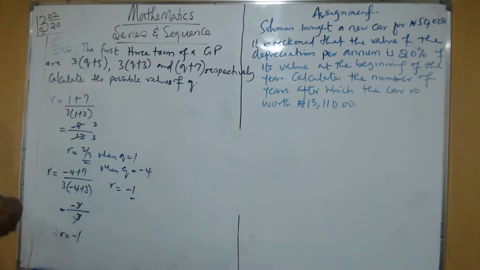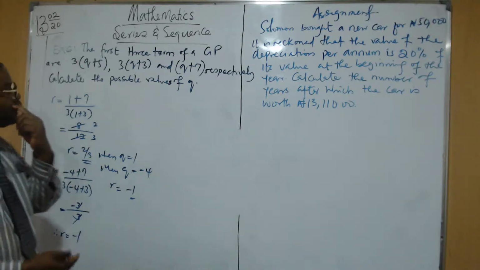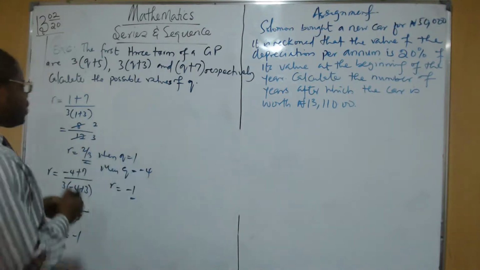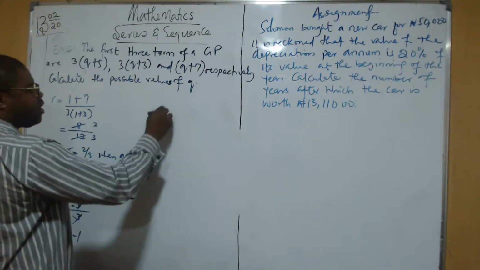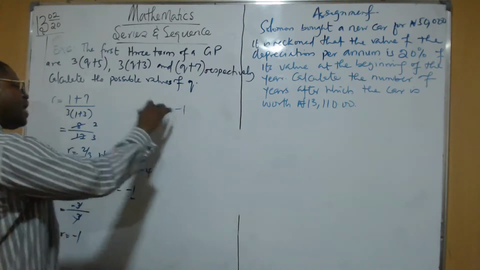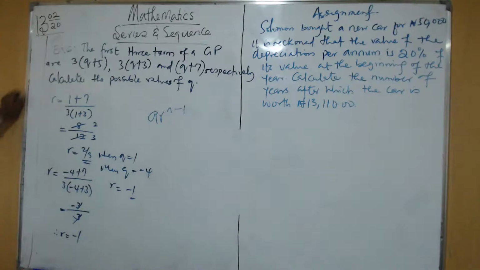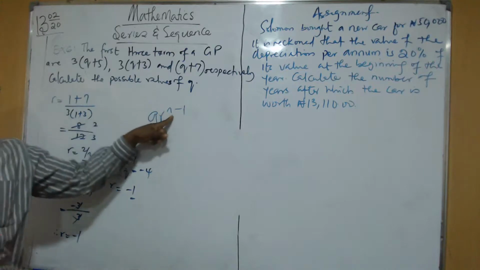When you know when to solve for the common difference, or that of the common ratio, or that of the GP, we have this formula: A, R to the power N minus 1, where N is the number of terms. Now the number of terms given to you determines what this value of N will be.